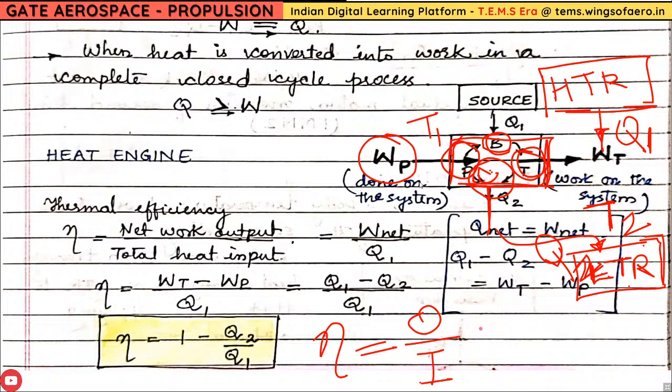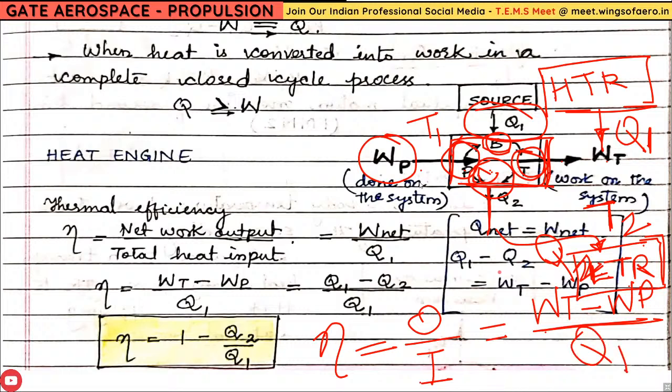Then what is the output we are getting? Output is, can we say, the net work done. What is the net work done? The turbine work minus the pump work, WT minus WP. And what is the input given? Input heat given is Q1.